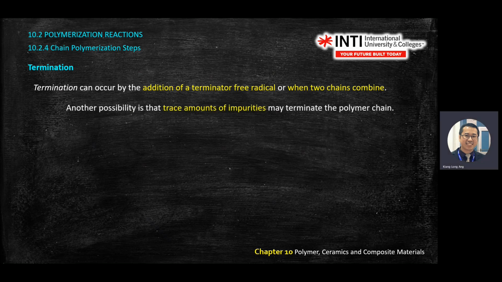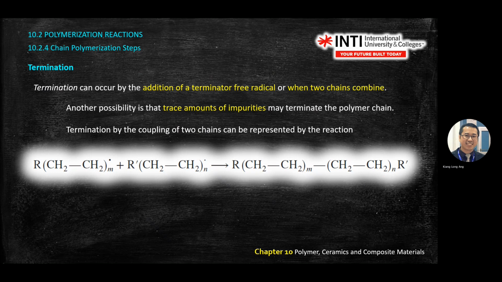How do you terminate? You add free radicals or two chains combine, right? So this one is possible when there's an impurity inside the solution. For example, this chemical reaction. So you have polymerization. This bracket M means you already have a chain there.